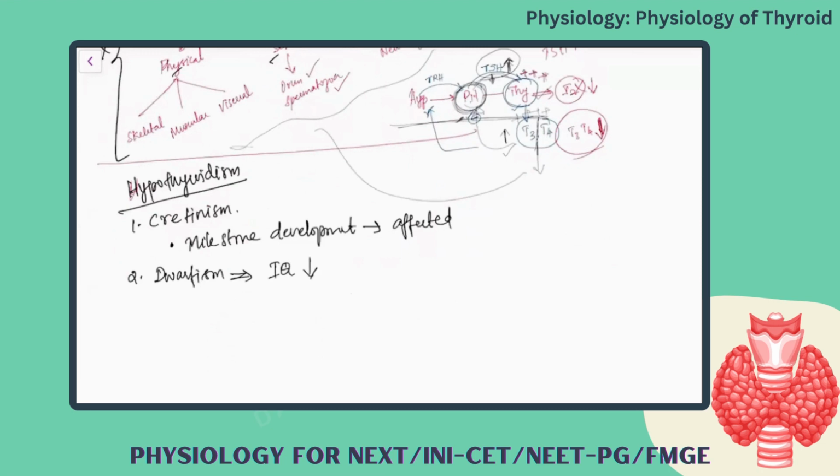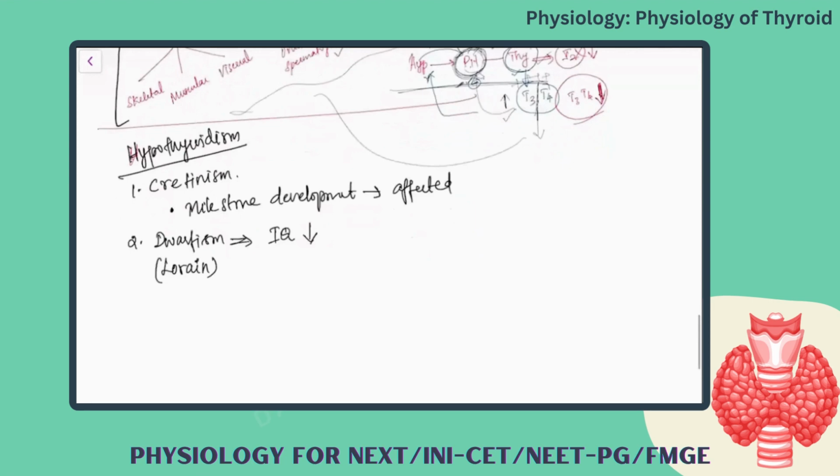This dwarfism due to thyroid hormone, you call it Lorain dwarfism. Okay, so this is how you will differentiate the dwarfism of the pituitary gland from that of the thyroid gland. So this cretinism is what we are seeing in children.